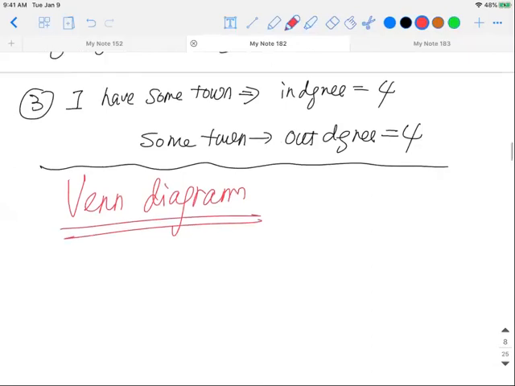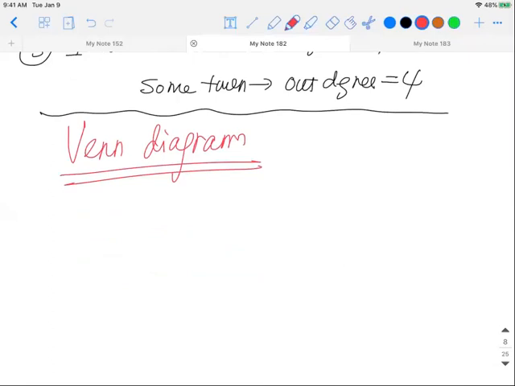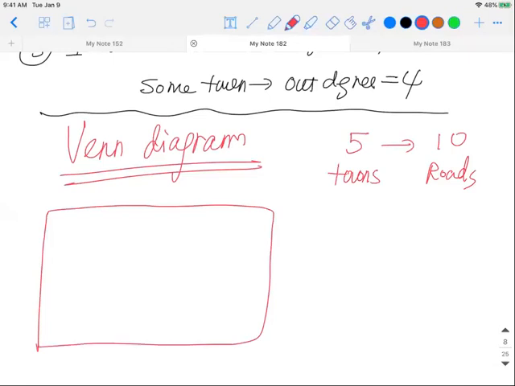Think about it. If I close my eyes, I have 5 terms. I have 10 rows, right? If I close my eyes, in total, I should have 2 to the power of 10 different scenarios. Every row can be this way, can be that way, can be in, can be out. In total, I have 2 to the power of 10 different scenarios.